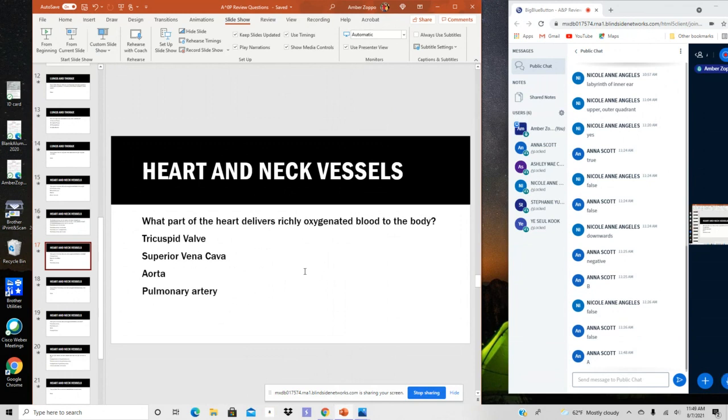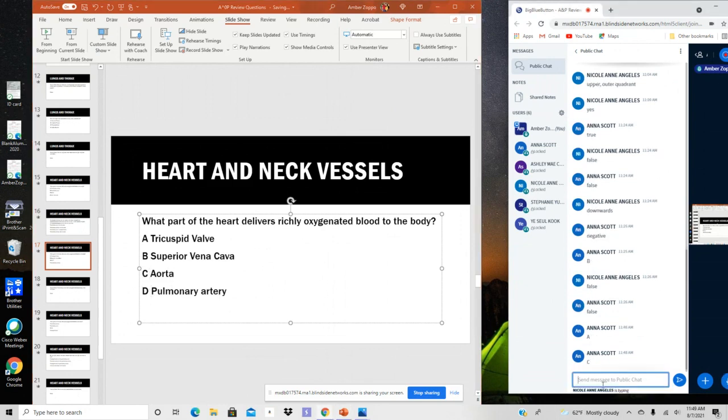You can type in A, B, C, or D, or 1, 2, 3, 4, whatever. C, right? The blood goes from the left ventricle once it's oxygenated through the aorta to be sent into systemic circulation.